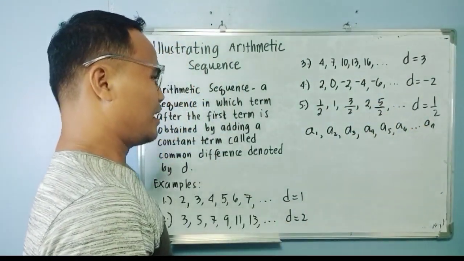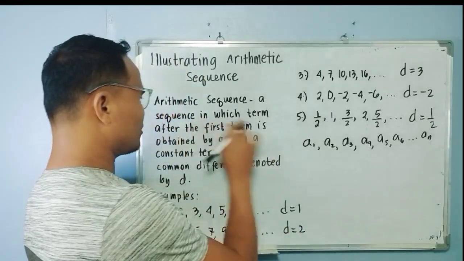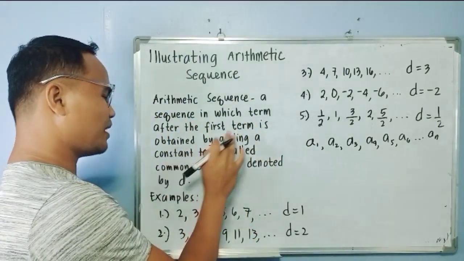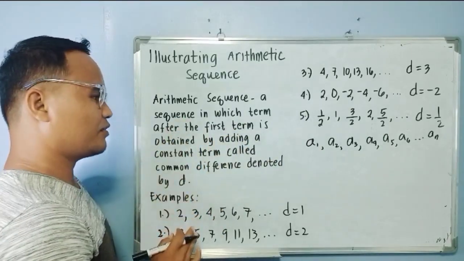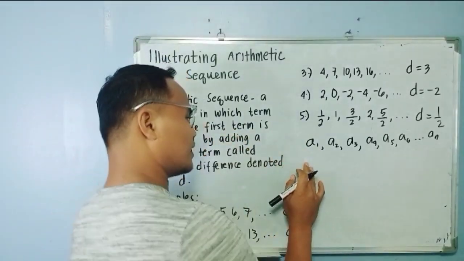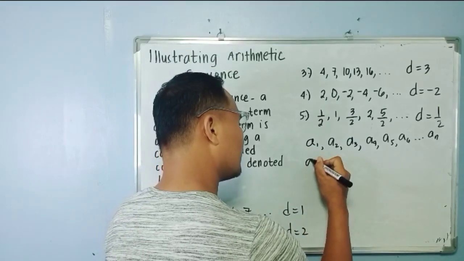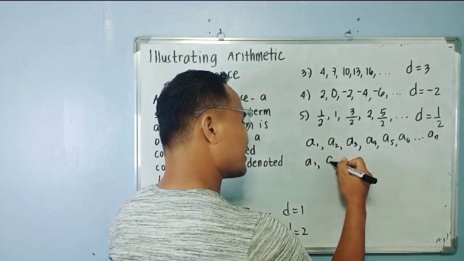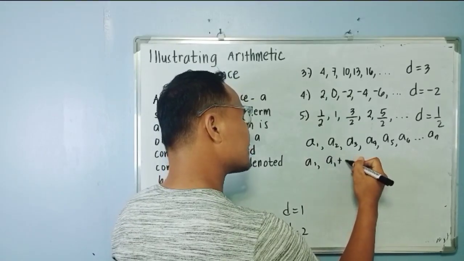It continues. Okay. Arithmetic sequence is a sequence in which each term after the first term is obtained by adding a constant term called the common difference. So if we have the first term, a sub 1, we can say that a sub 2 is a sub 1 plus d.